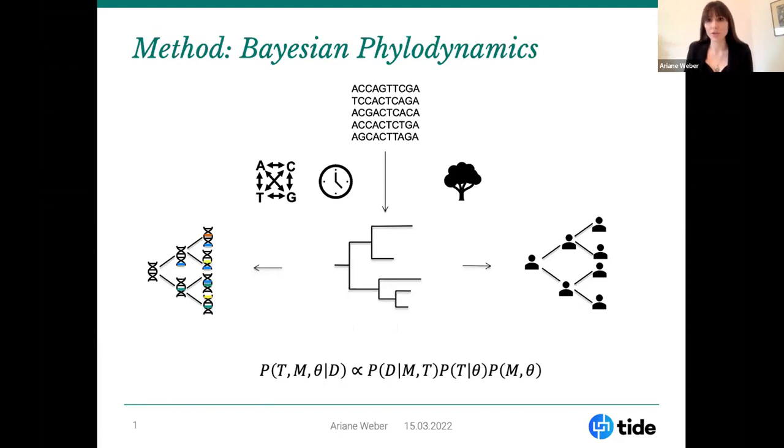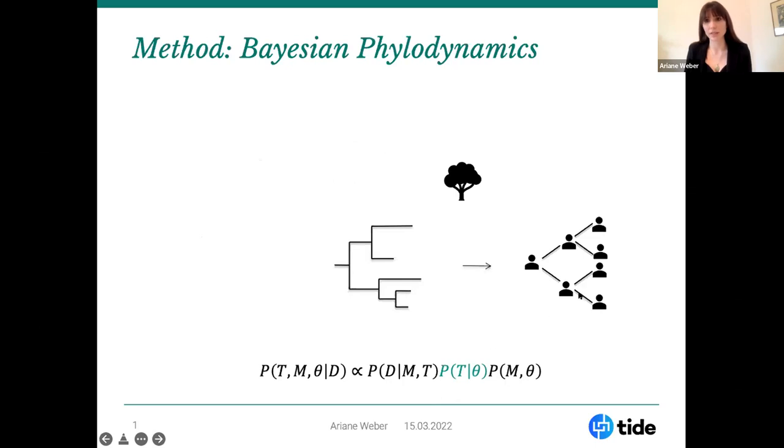The prior distribution, on the other hand, among other things, scores how well the sample tree fits a specific transmission process, and it does this by calculating the probability of the sample tree under a specific population dynamic model, and this is this term here.